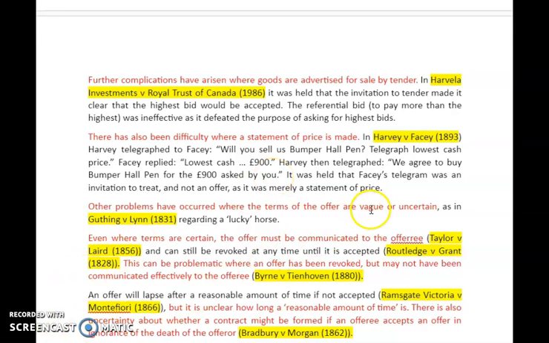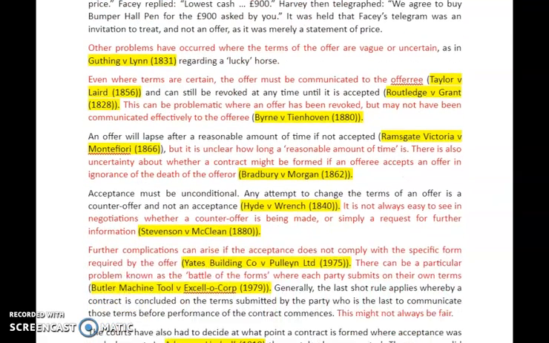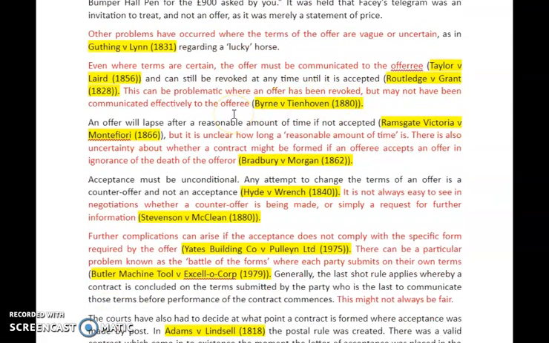You could talk about the fact that sometimes offers are vague or uncertain, like Guthing and Lynn, which was talking about a lucky horse. And that if the terms are certain, we still have to have communication of this offer to the offeree. It can also be revoked at any time until it's accepted, Routledge and Grant. And of course, that can be problematic if the offer's been revoked, but that's not being communicated effectively to the offeree.